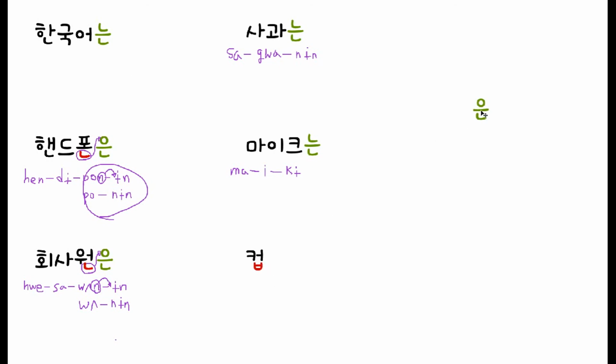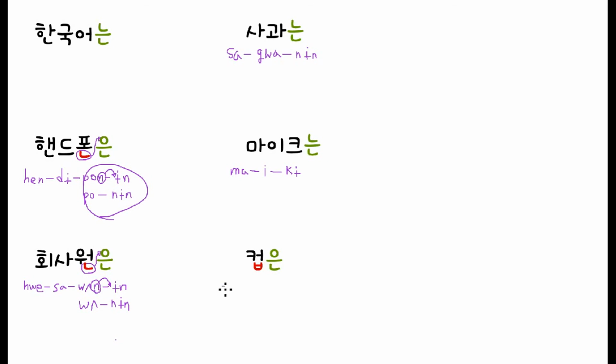And then what about this one? This one has a last consonant, so the last one is 은, right? 컵 means cup. It's interesting, right? In Korea we use 컵. Sometimes you will find a lot of English-like words in Korean, so it's good for you to learn. Okay, so 컵.